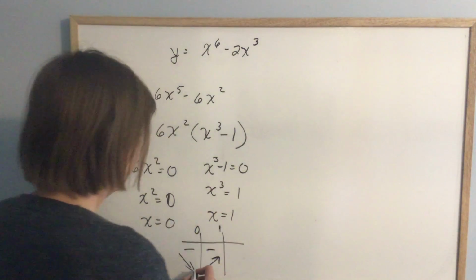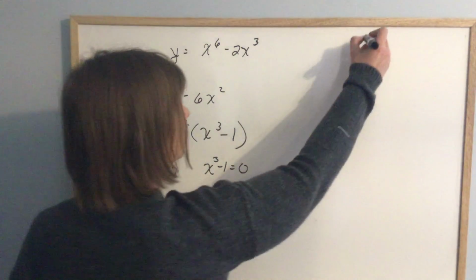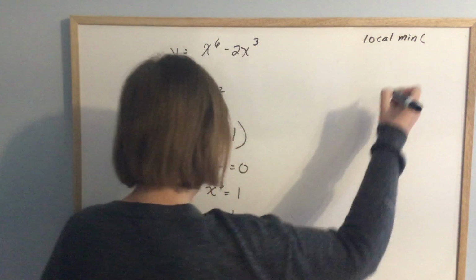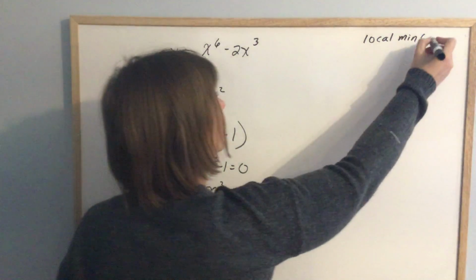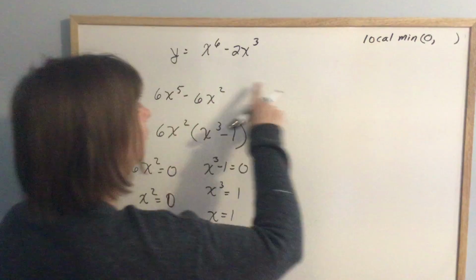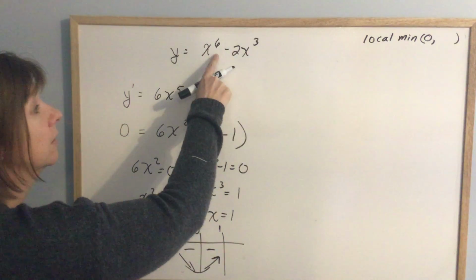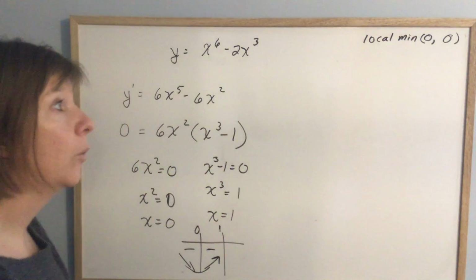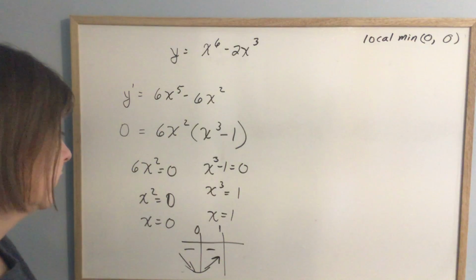So I know I've got a local minimum when x is 0. I can figure out the y value because I can put it back into here, which is going to be 0. So I have a local minimum when x is 0, y is 0.